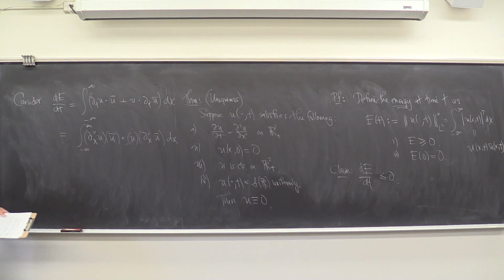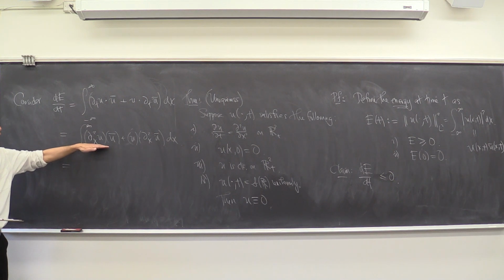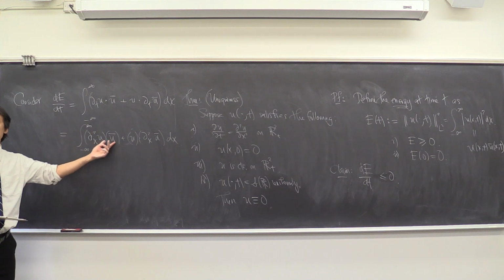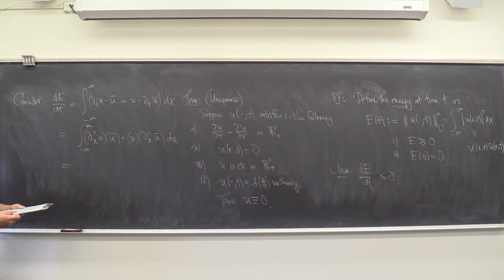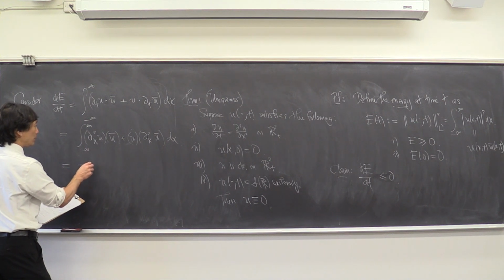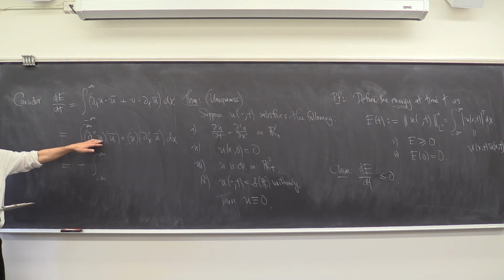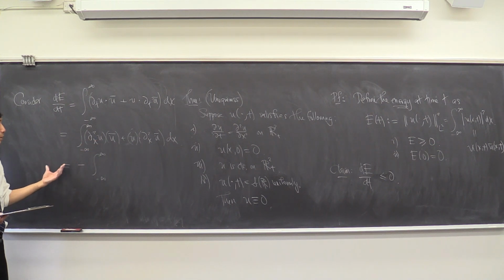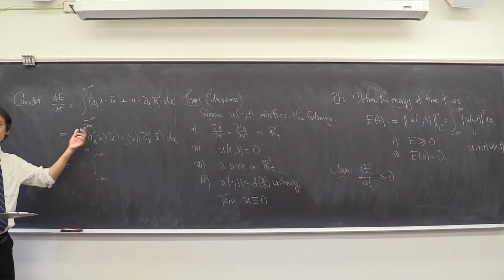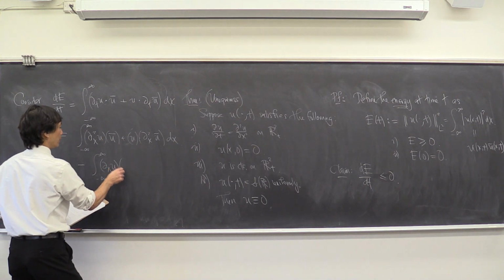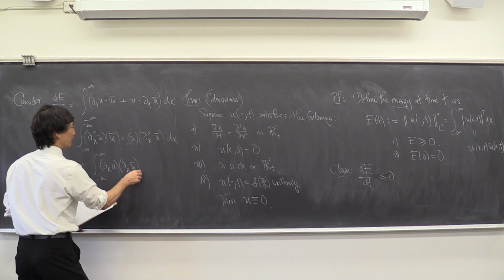At this point, we use integration by parts to shift one of the derivatives onto the other term. Because these things vanish at infinity, we just get the negative of the one with the shifted derivative.